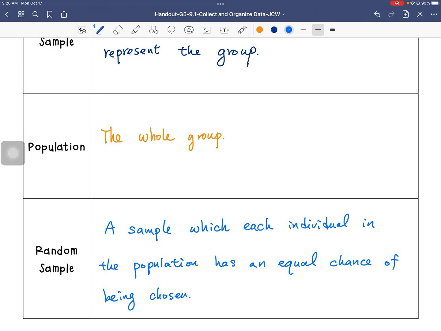So a random sample is a sample in which each individual in the population will have an equal chance of being chosen.